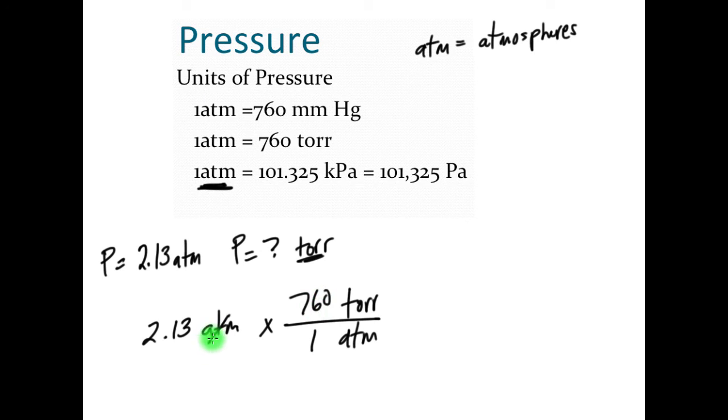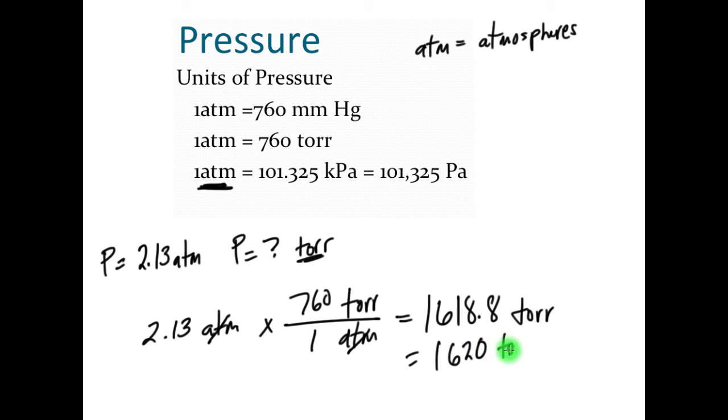So I can do this calculation here, and I can easily convert to torr. If I multiply this out, I end up getting 1,618.8 torr, which, if I use my significant figures, I have 3, so I should round this to 3. So 1620 torr would be my final answer.